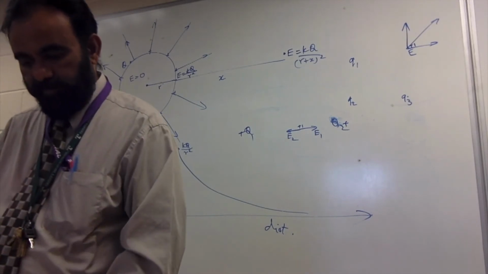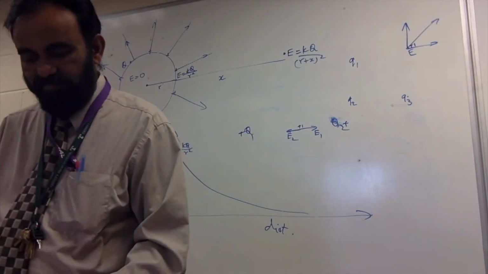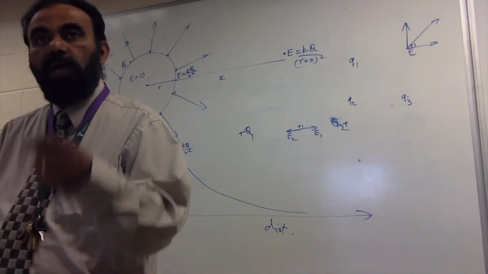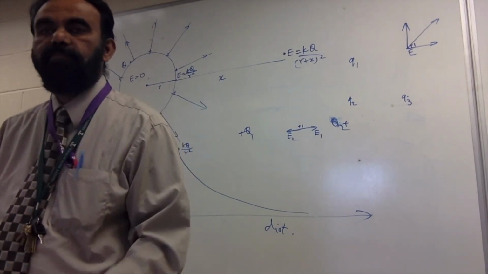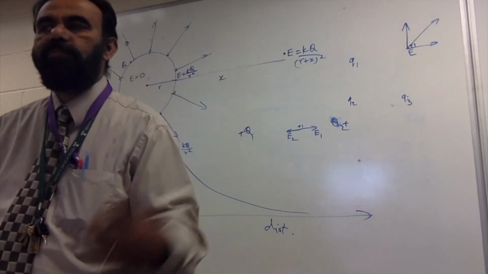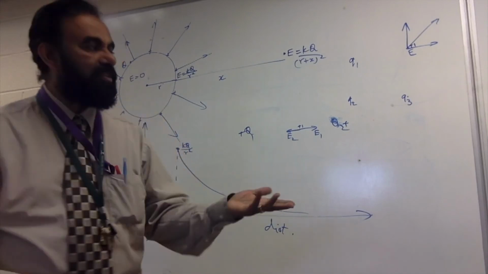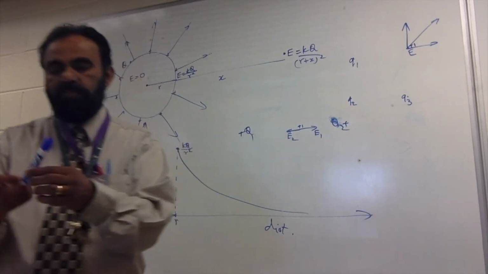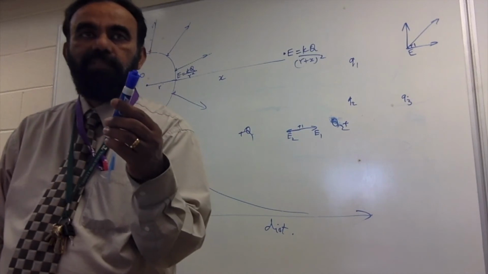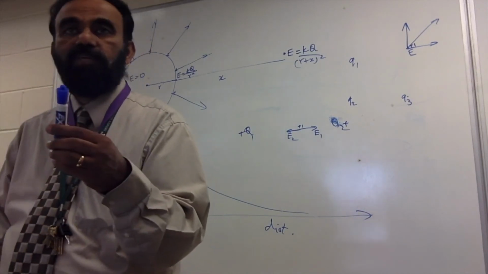And they may ask you different other questions, saying how many electrons need to be removed or added? So if I give you the charge, say this marker was uncharged, and now it has this much charge.